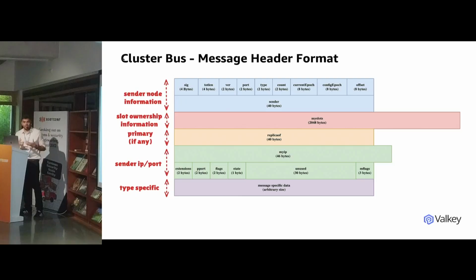Sender name is unique to each node, and that's how they discover each other. There are also parts where if you are a replica of some node, then primary information would be part of the replica of field. And there are IP and port for a node to connect to. There is, at the end of the payload, a message type specific part.